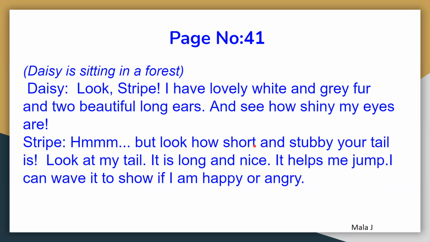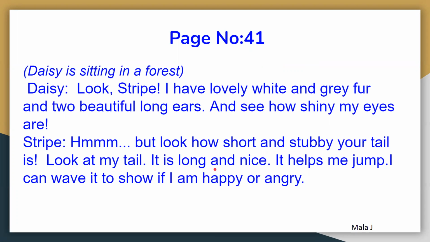So the rabbit, that is Daisy, had a very short and thick tail. And the tiger cub is saying to Daisy, look at my tail, how long and nice it is.